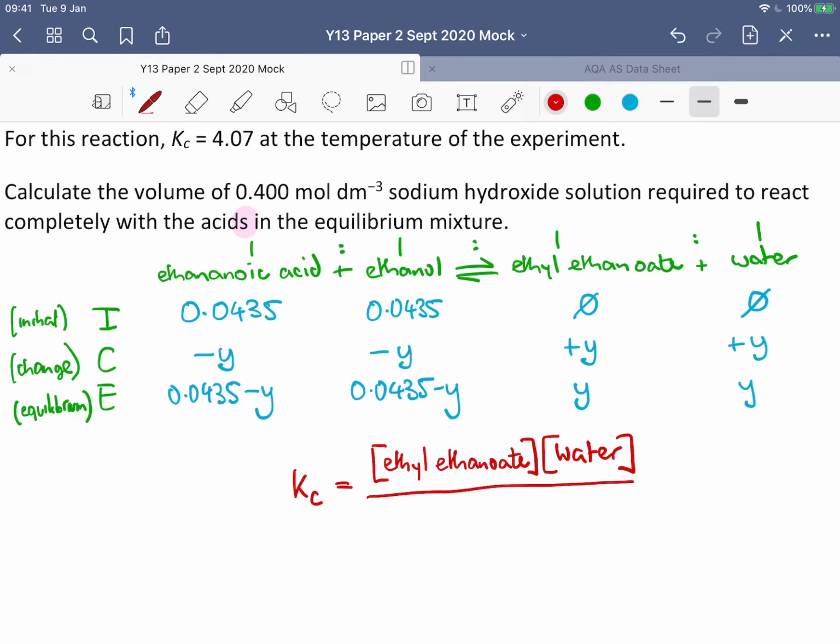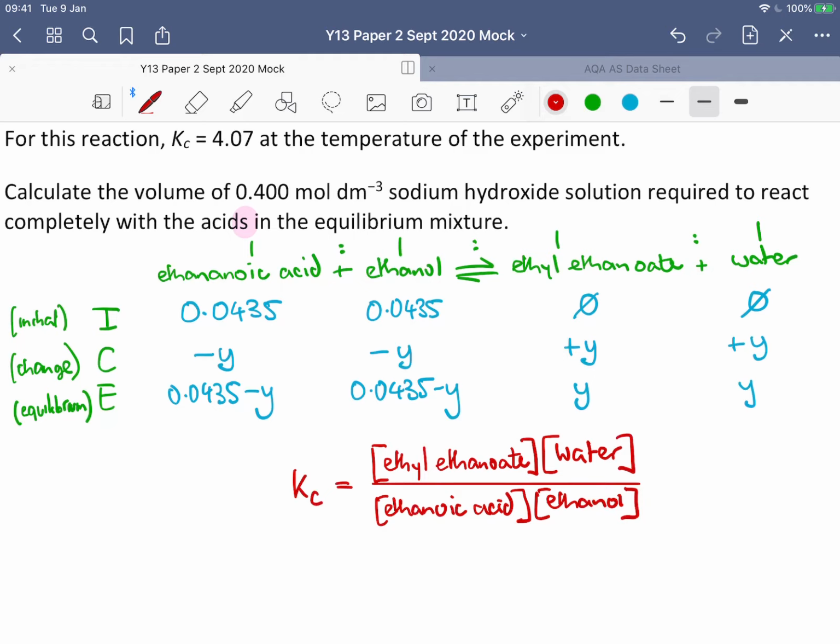They are over the ethanoic acid and the ethanol. So that's 1 mark already.